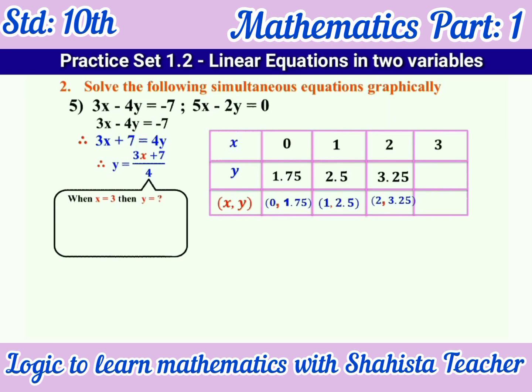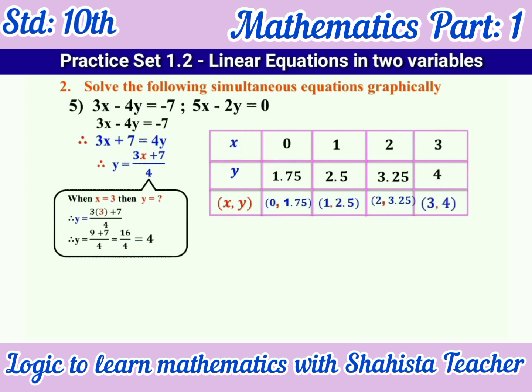So y is equal to (3 times 3 plus 7) on numerator and denominator is 4. So 3 3s are 9 plus 7. 16 upon 4. 4 4s are 16. So y is equal to 4. x is 3 and y is 4. So simple and easy to solve. So here (3, 4).